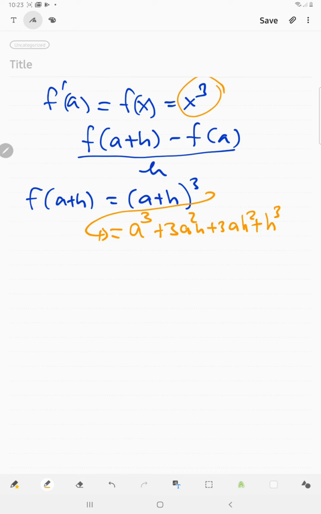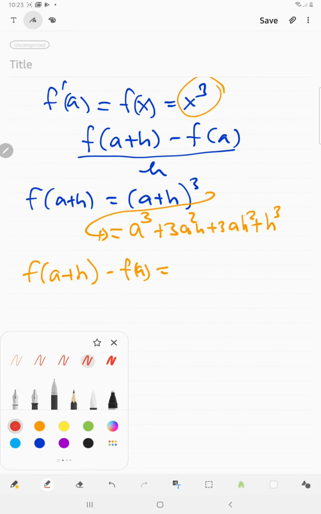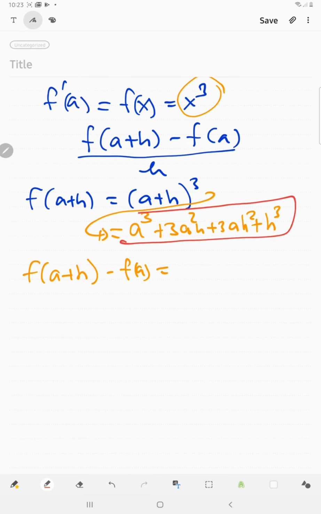And then if I want to get f(a plus h) minus f(a), I take this expression and subtract from it the value of f(a). In this case, f(a) is equal to a to the power 3.